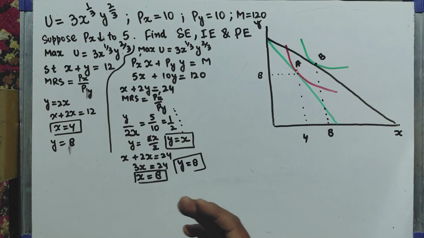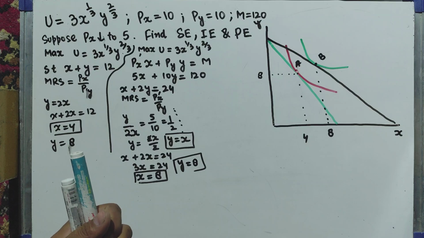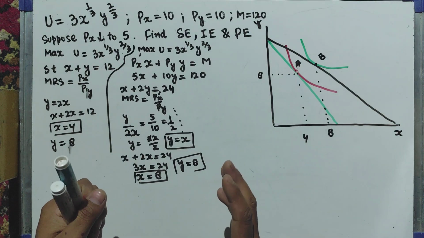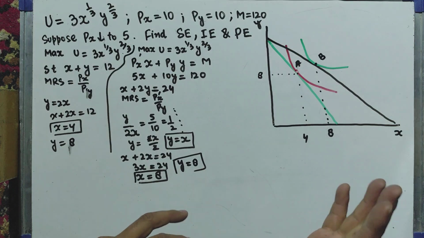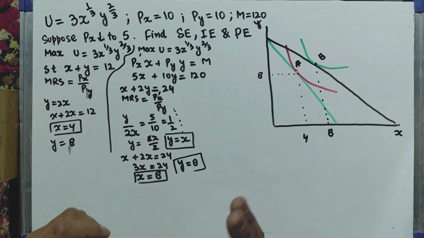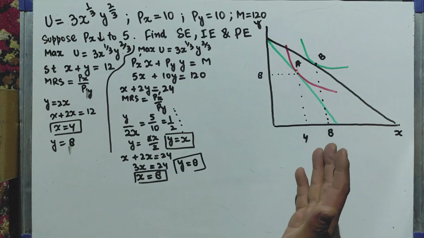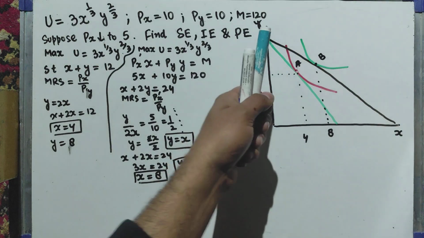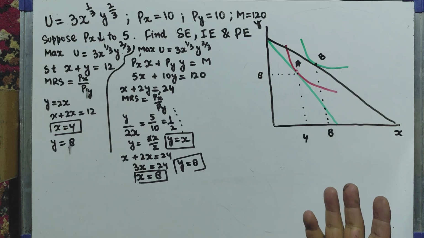Now to calculate the substitution effect, what do we do? We need to hold the consumer's real income constant in order to keep him on the original indifference curve. So this red curve is our original indifference curve.